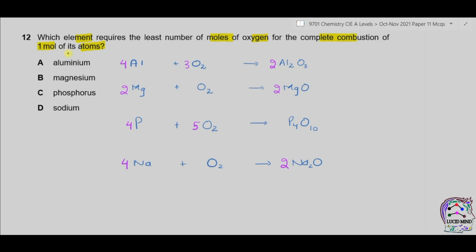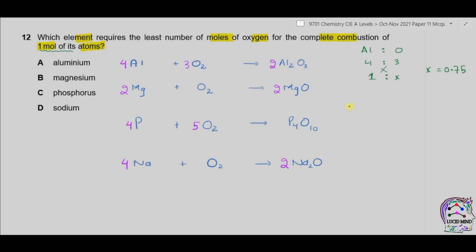Now we have to find out the number of moles of oxygen for 1 mole of reactants, which is aluminum, magnesium, phosphorus or sodium. Now in the first one we can see we have 4:3 for aluminum and oxygen. So if aluminum is 1, then oxygen will be X. By cross multiplying we can find the value of X. X is equal to 0.75 moles.